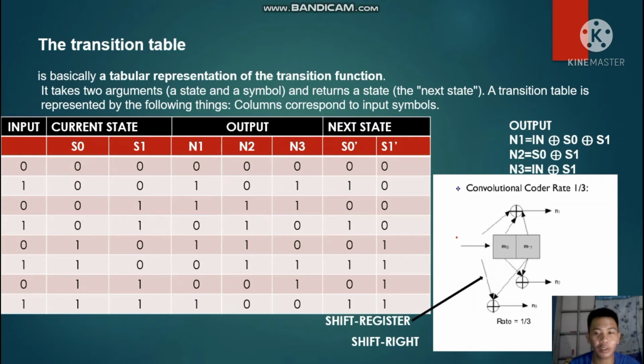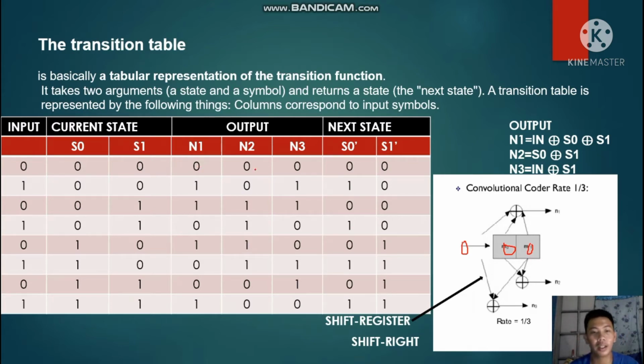So we have an input of 0. Let's assume our S0 is equals to 0 and our S1 is equals to 0. To determine the output N1, we have the following formula: input XOR S0 XOR S1. So we have input of 0 XOR 0 XOR 0 is equals to 0.